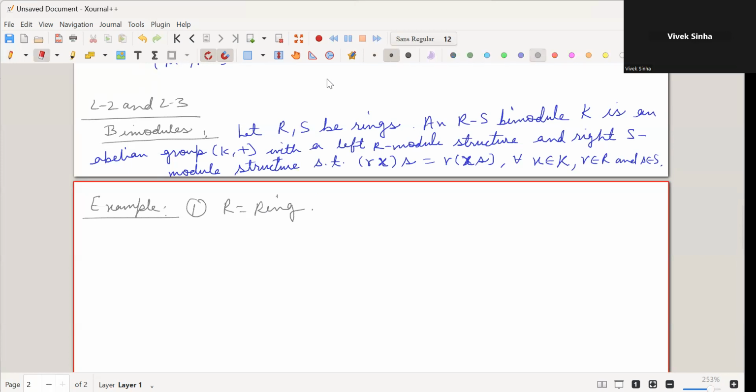R is always a ring, so there is no need to mention it. You can simply say that R is an RR bimodule.